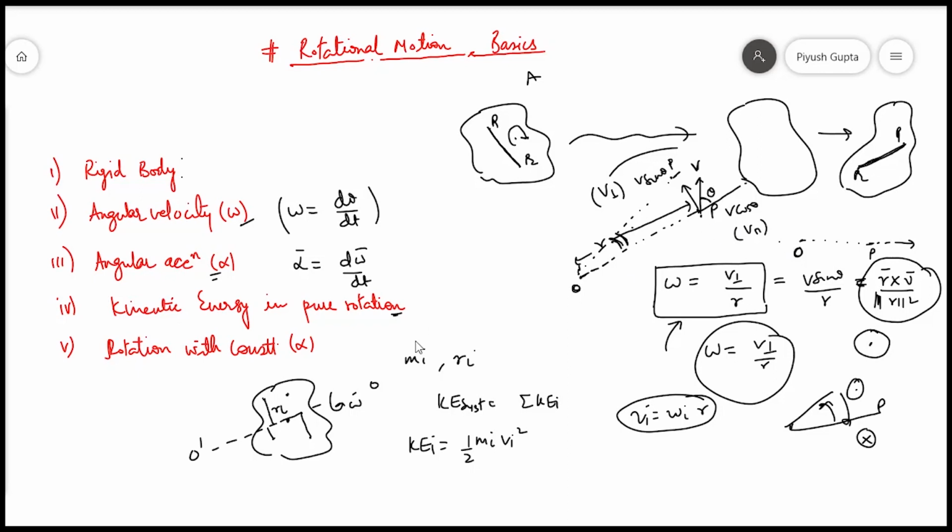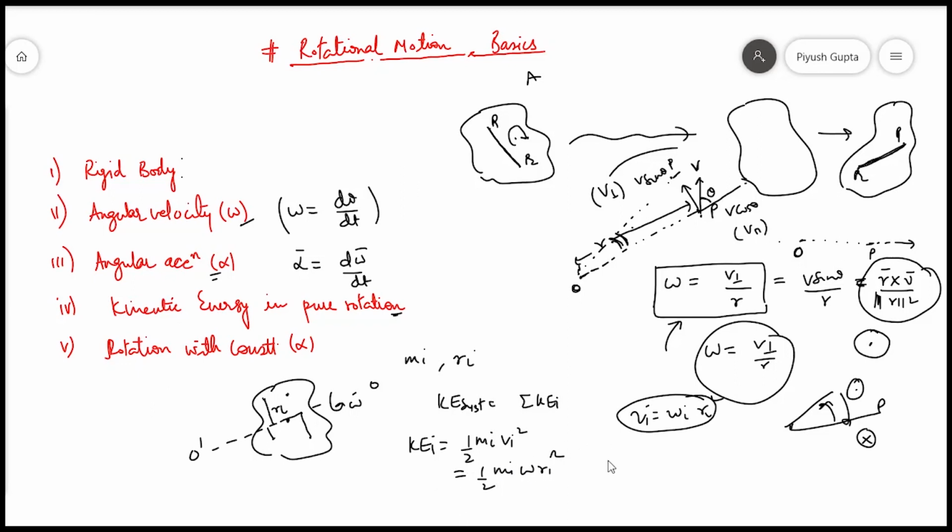All those velocities are perpendicular to the line joining the point and the axis of rotation. So v perpendicular is omega into r, and for each particle I take mi and omega ri square. Keep in mind omega is the same for each particle of the system.